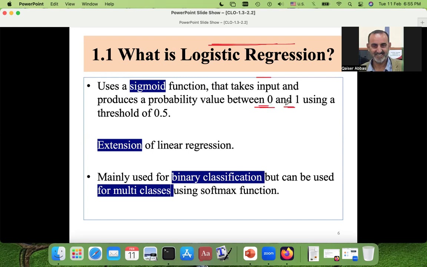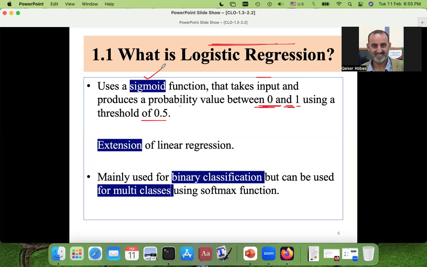And how does this model give you the value? By using some threshold, 0.5. And how will this model give us those probability values? By using the sigmoid function.